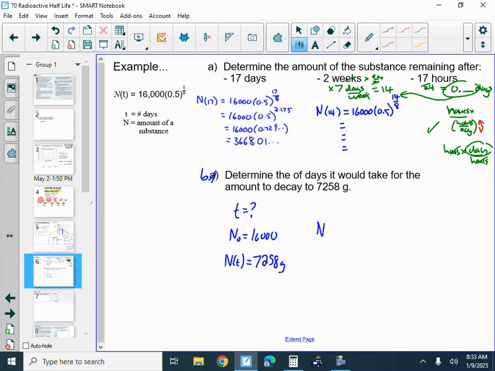So let's just fill out the equation. The unknown t, we leave it as a t. And then we plug in everything else. So we have our 0.5 and so on. And we have a t over, and we have 7,258, right? And we have this number here. Fill that one in.